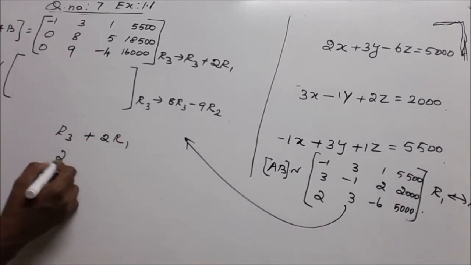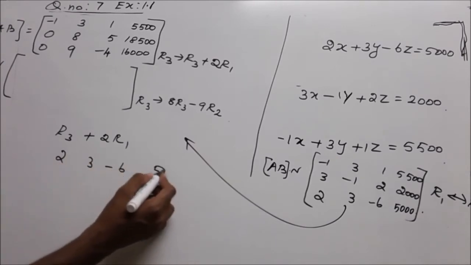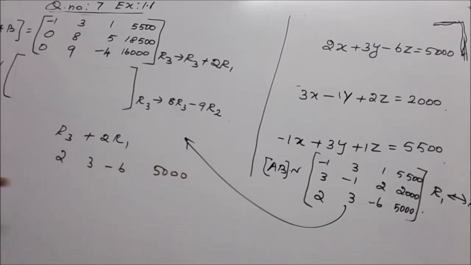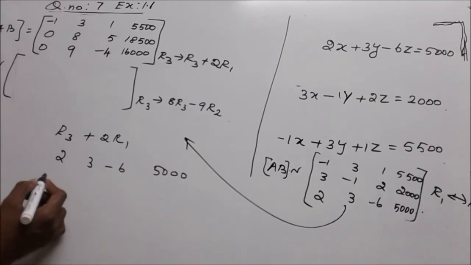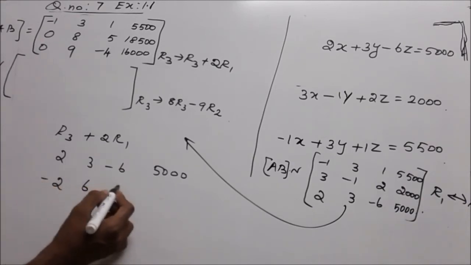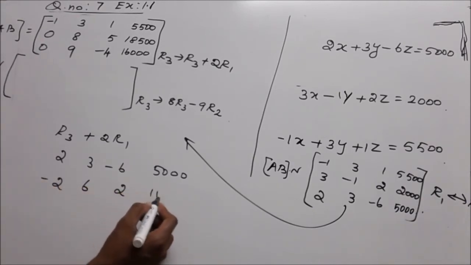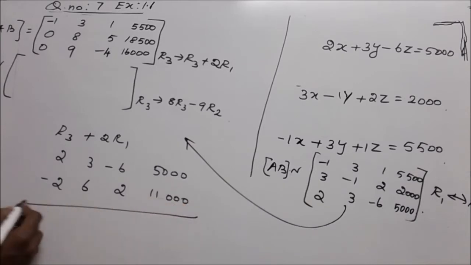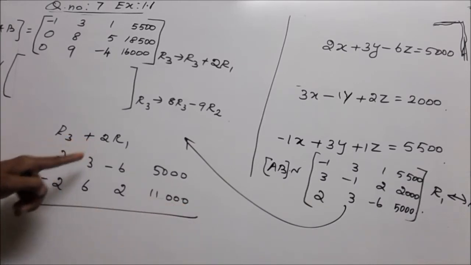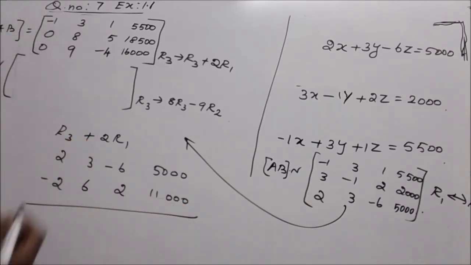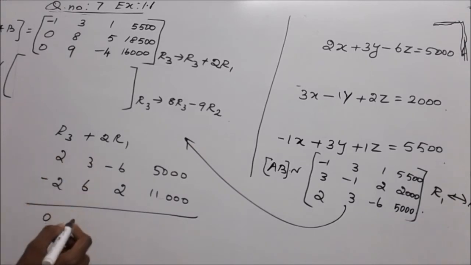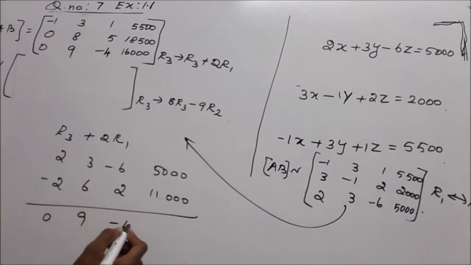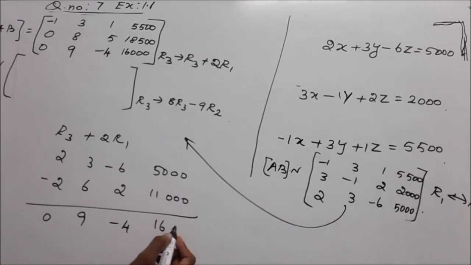R3 means 2, 3, minus 6, 5000 and 2R1 means minus 2, 6, 2, 11,000. Just add, these two values will be added because we have opposite signs. So this is 0, here 9, minus 4, here 16,000.